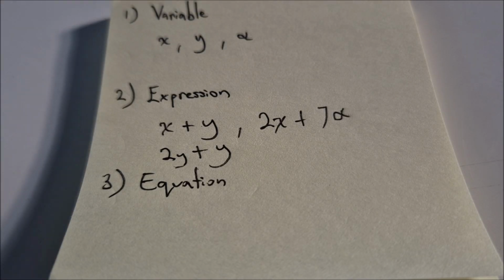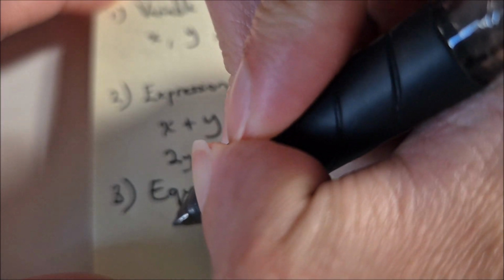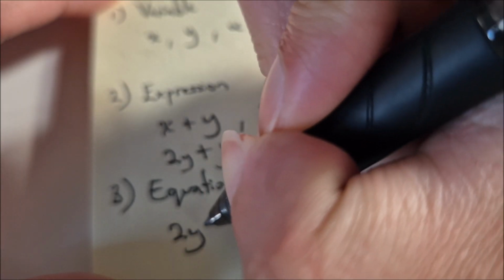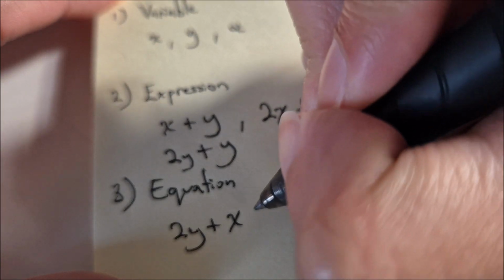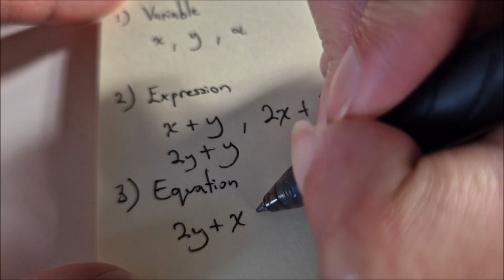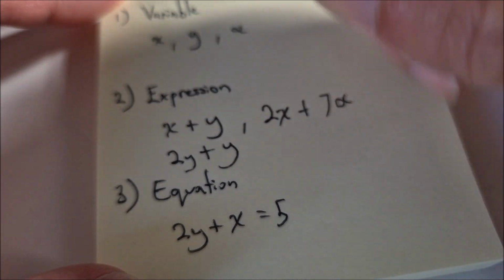And then there are equations. The moment that you introduce an equal sign, you have an equation. So 2y plus x equals 5.